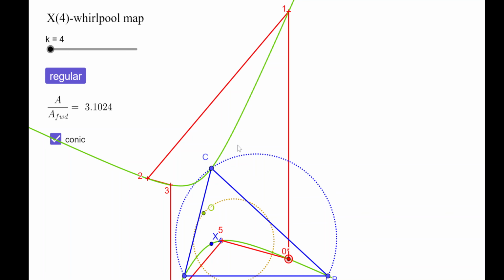We haven't studied this much, but you can tell here that this hexagon has opposite sides that are parallel to one another. For example, 4, 5 is parallel to 2, 1, right? And 3, 4 is parallel to 0, 1. Why is that? It's because there are 6 sides for this hexagon, and each one of the sides is going to be perpendicular to one of the base sides of the iteration triangles, according to the Whirlpool map.